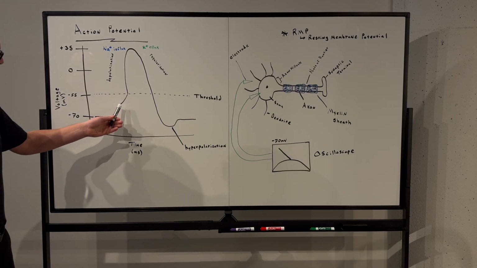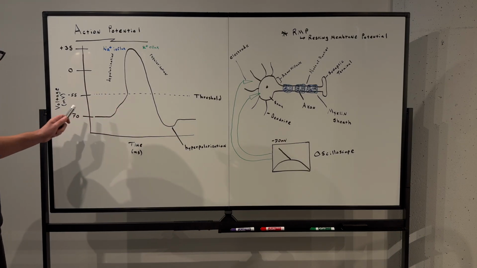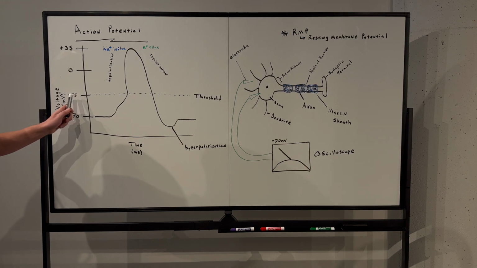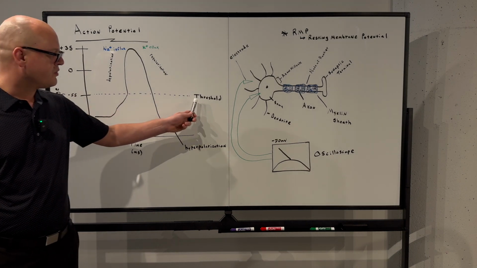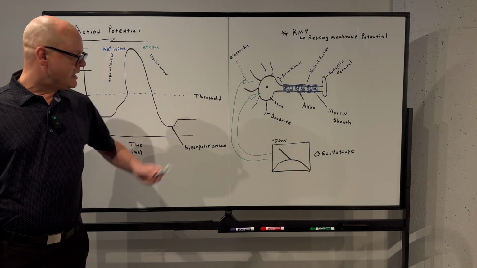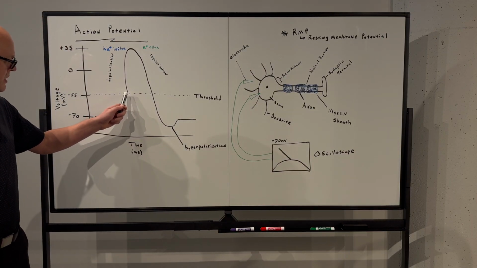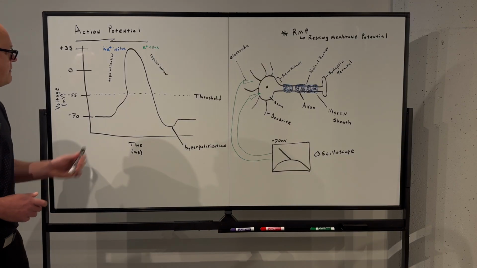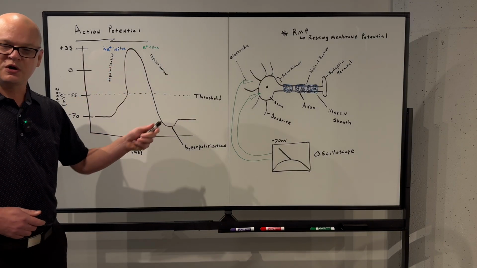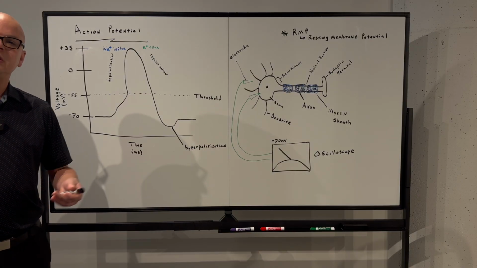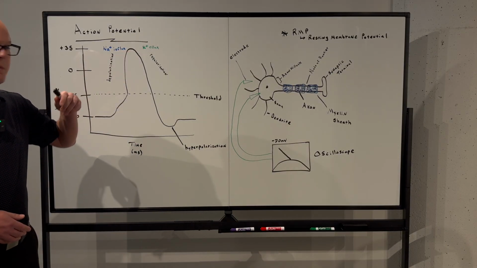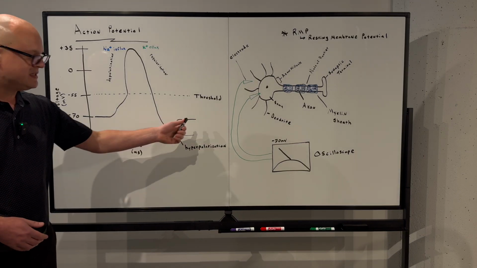We're going to have sodium rushing in here, and if we get to a point of -55, that's considered the threshold for the neuron, in that once the membrane potential gets to -55, it's going to reach a point of no return, in that the action potential is going to occur every time, and it's going to be stereotypical. It's typically going to have the same magnitude as well as the same duration.